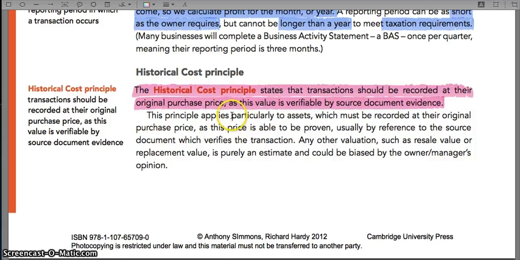It applies particularly to assets, which have to be recorded at the original price, as this price can be proven. Any other valuation, such as resale value or replacement value, is purely an estimate and could be biased by the owner's opinion. So therefore, we need to go with the original purchase price.